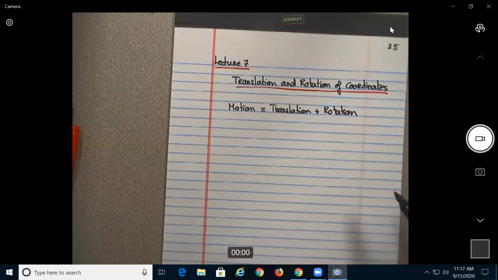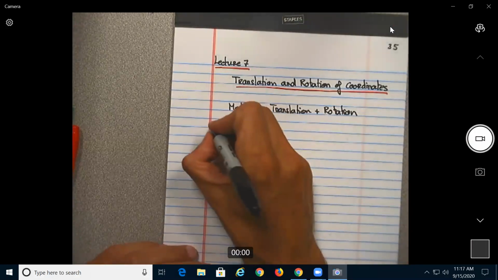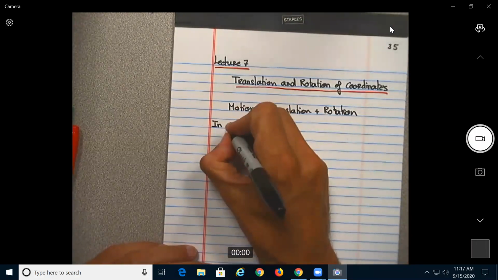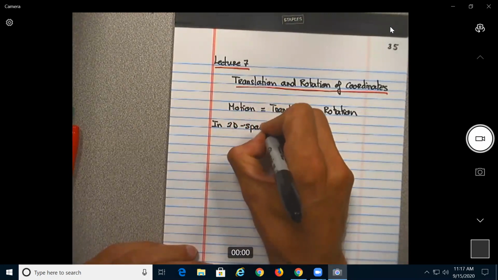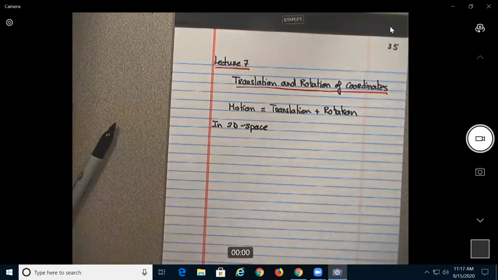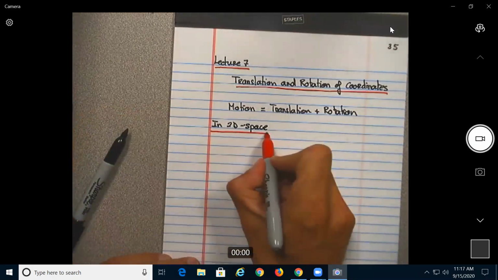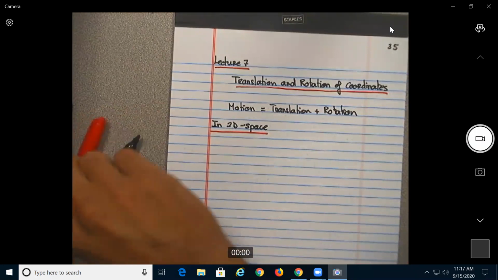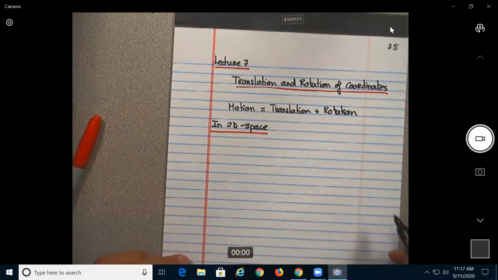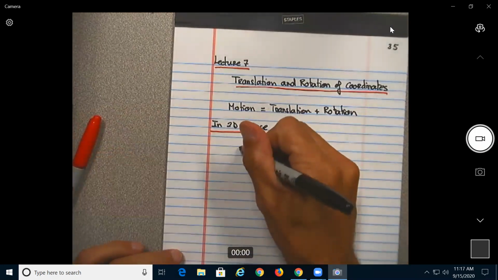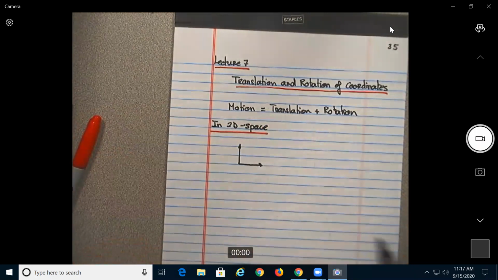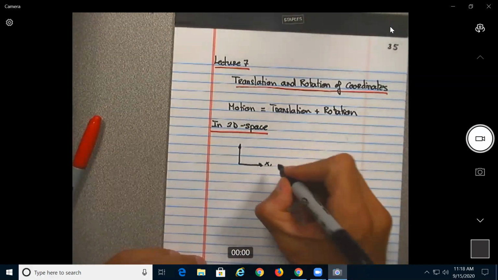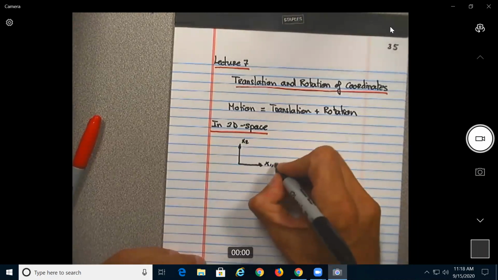All right. So in 2-dimensional space, just to do some figures because it's difficult to do 3D, let's say we have a coordinate system, x1, x2, or xy, it would be the same thing.